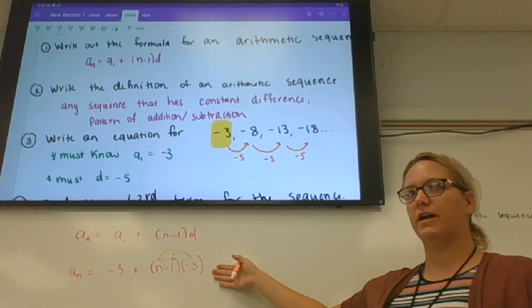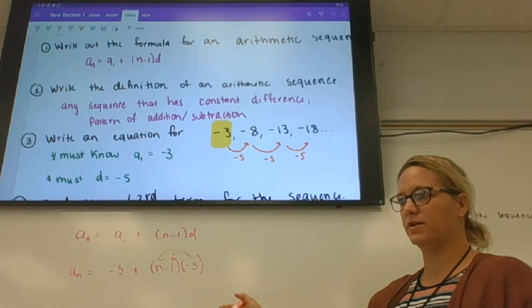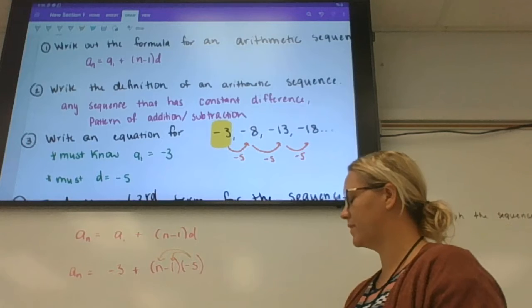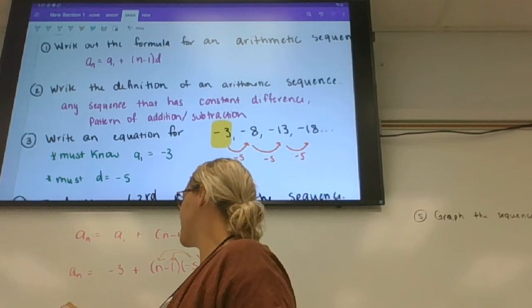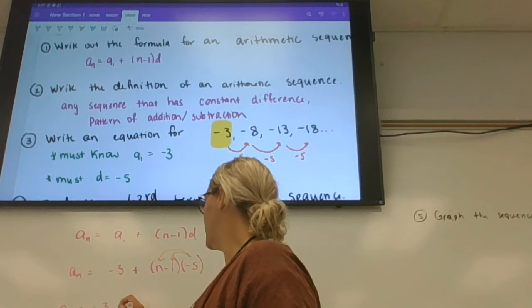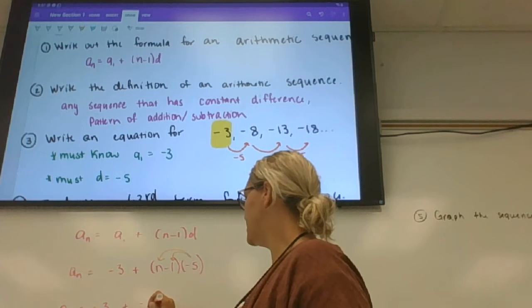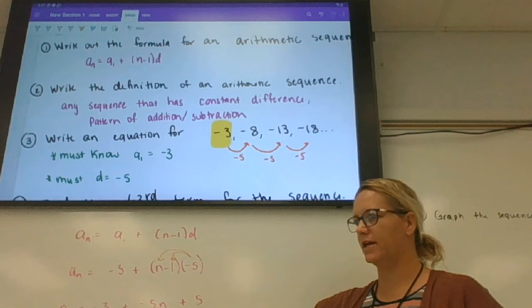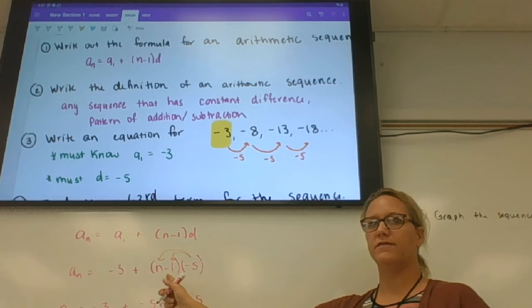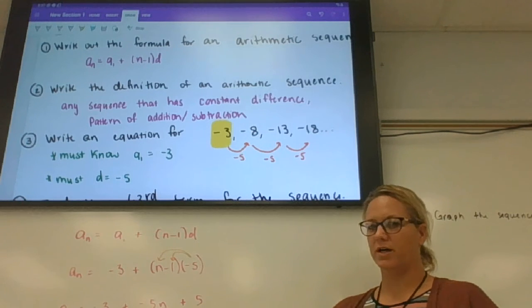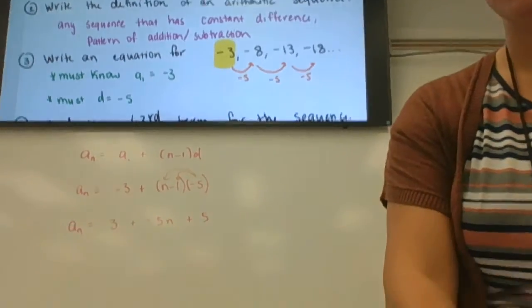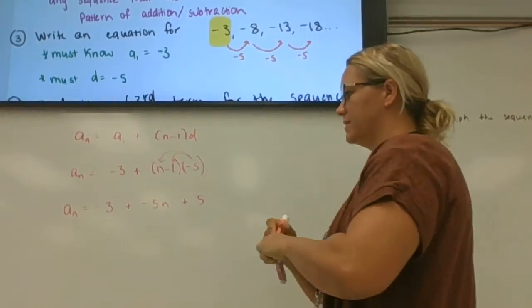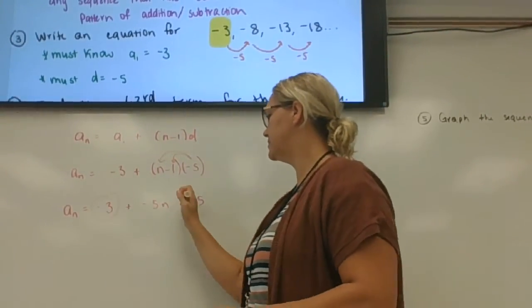I'll give you half credit for getting this far, but I want to see you write it in simplest form. So this would be plus -5n plus 5. -5 times n, -5n. -5 times 1 would make it a +5. And then you can always combine like terms when you're writing these equations.